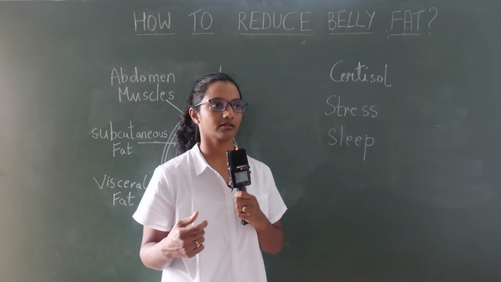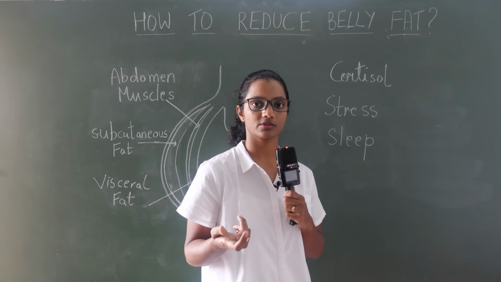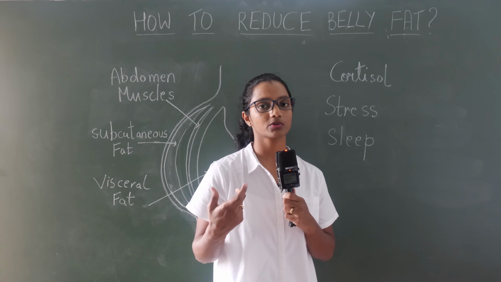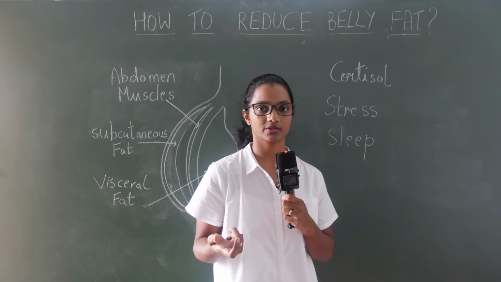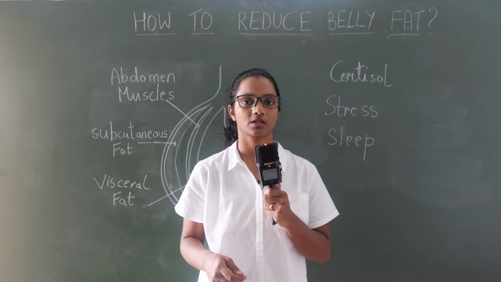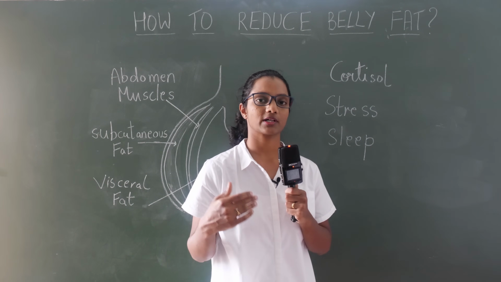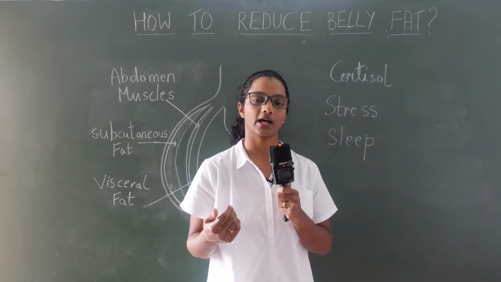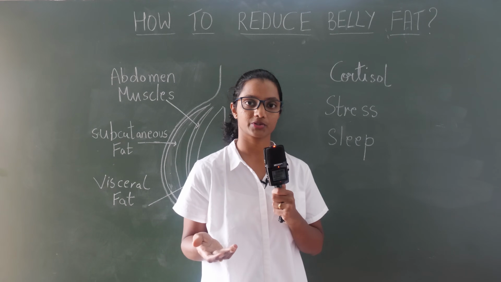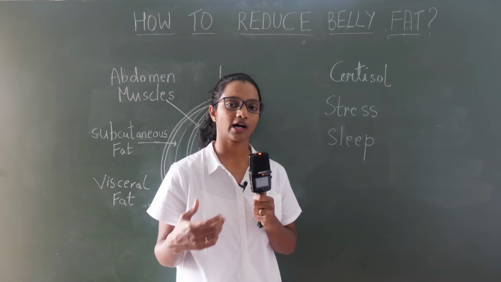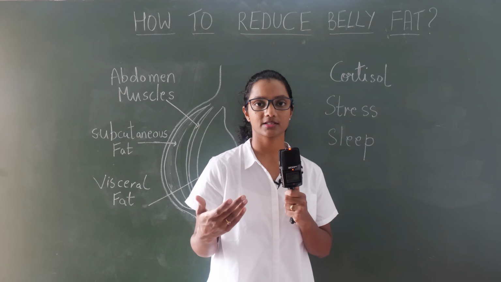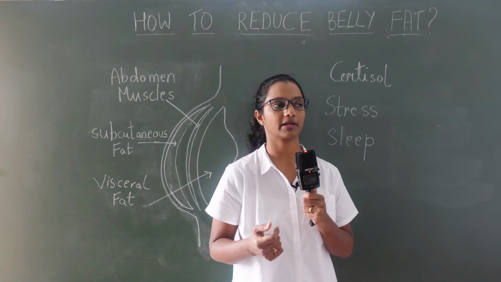It's just like having a remote control in your hand. How you would operate it or how you would use it depends on you. Hormones play a very important role in one's overall health and body composition. We'll understand hormones in another video of mine.